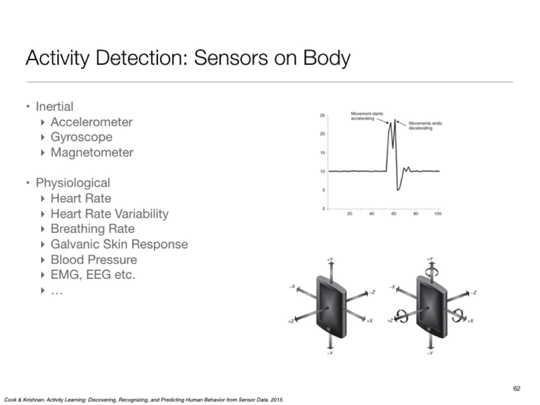Then you have the physiological signals, which, as these devices are becoming more sensor rich, a lot of them are being captured. Heart rate variability is pretty common on smartwatches now.